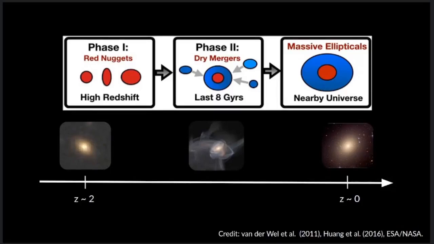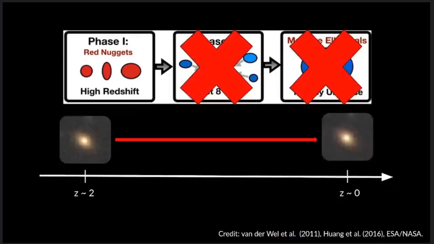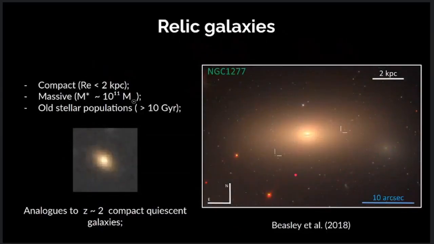So basically, this is the scenario, and the relic galaxies, which are the main topic of our work, are formed when we don't have this second phase. So the galaxy forms this very compact nugget at high redshift and remains almost or completely unaltered to today, redshift 0. There are already relic galaxies identified in the local universe.